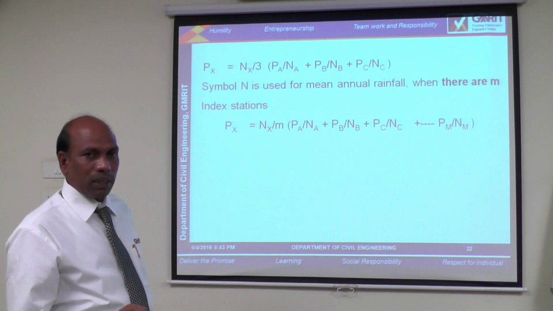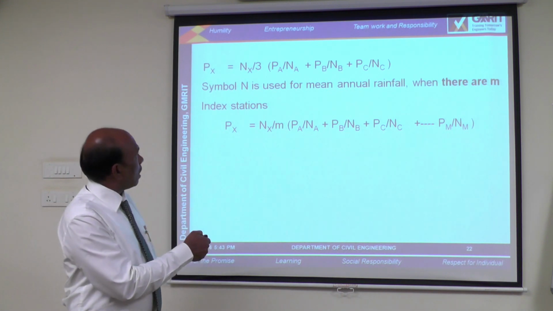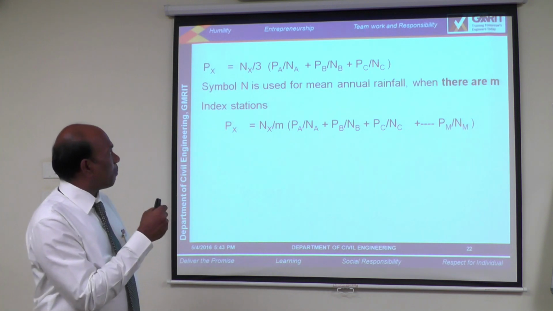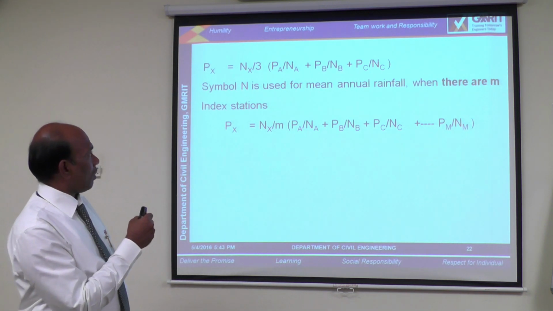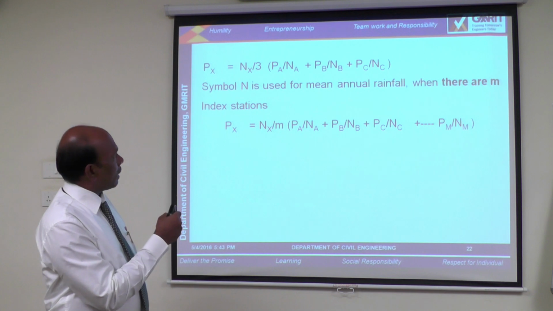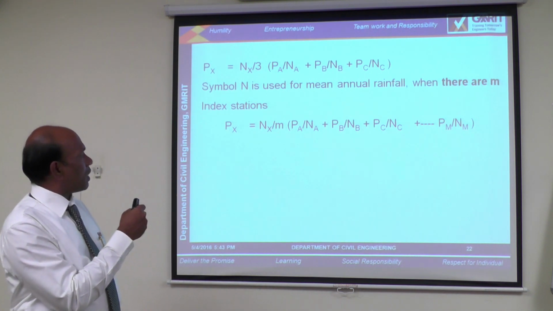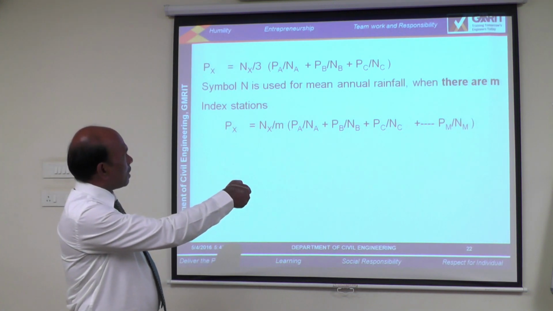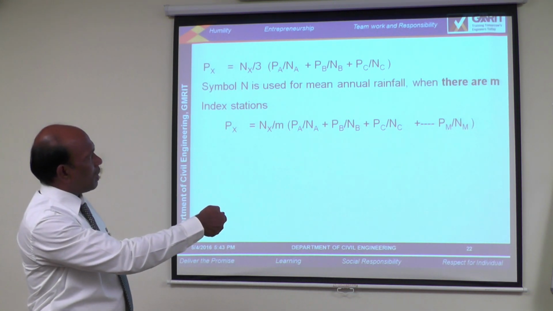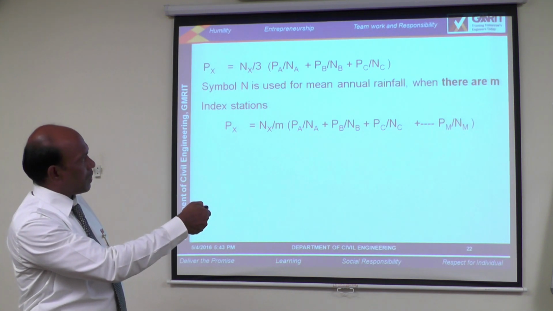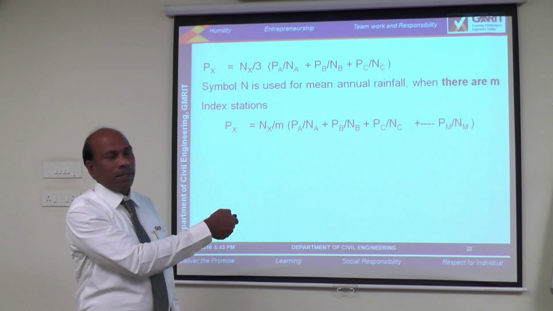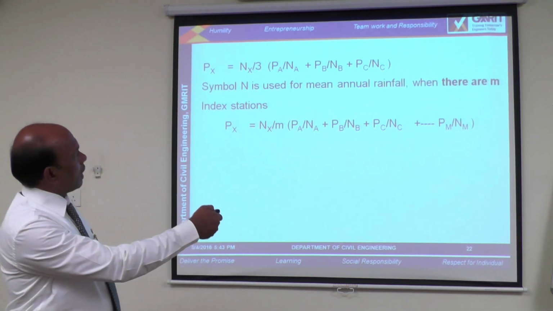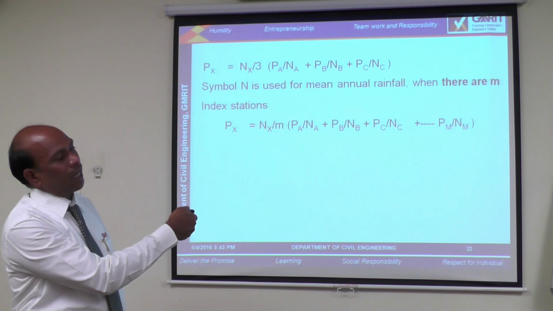This is the formula of the normal ratio method: Px is equal to Nx divided by 3, where N represents mean annual rainfall, bracket begin, Pa by Na, that means precipitation at station A divided by mean annual rainfall at station A, plus precipitation at station B divided by mean annual rainfall at station B, plus precipitation at station C divided by mean annual rainfall at station C.